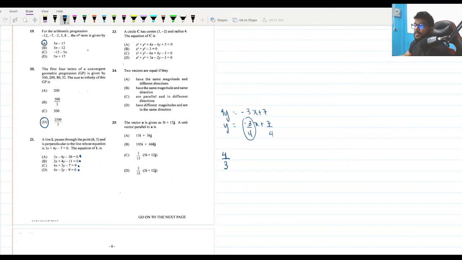So I'm looking for positive 4 over 3. I am gravitating to option D. When I rearrange, I get minus 3y is equal to minus 4x plus 9. When I divide by minus 3, y is equal to 4 over 3 x, which is the gradient of a perpendicular line that I'm looking for.